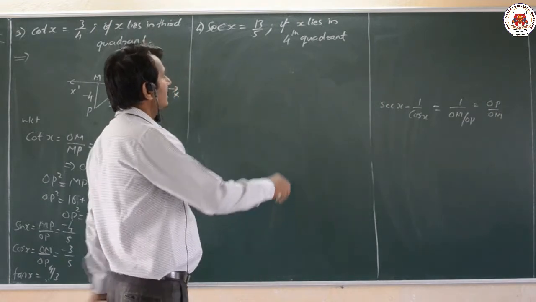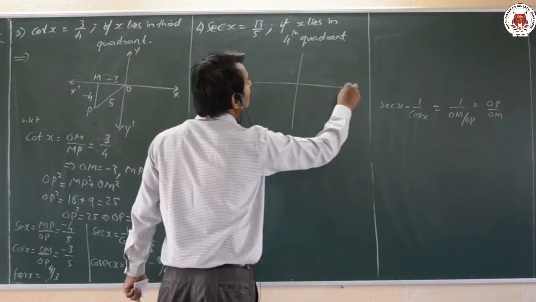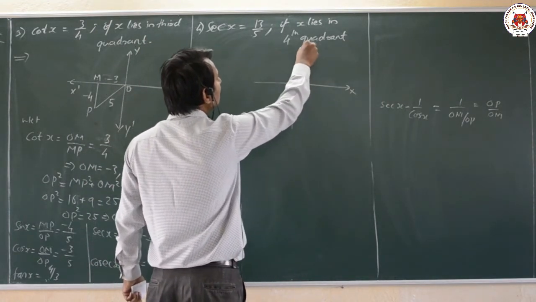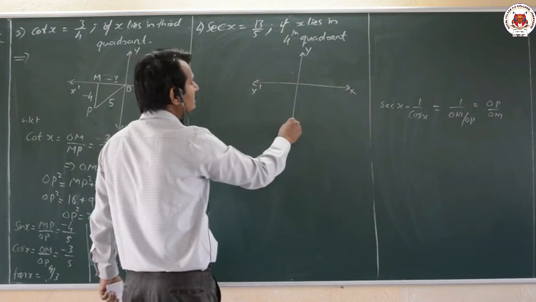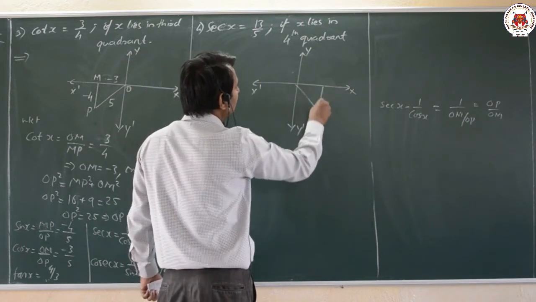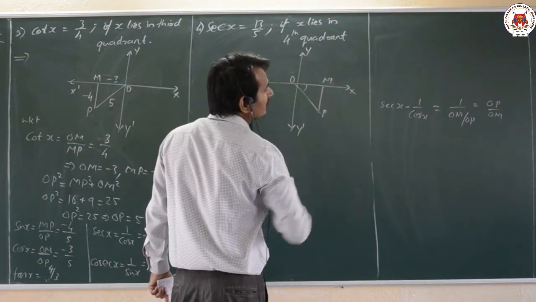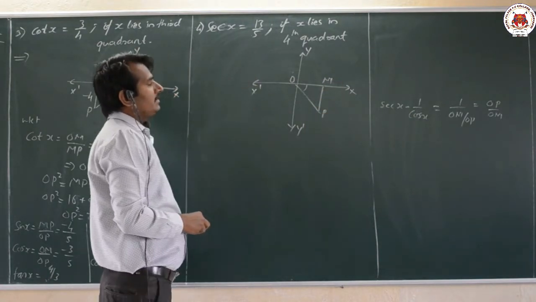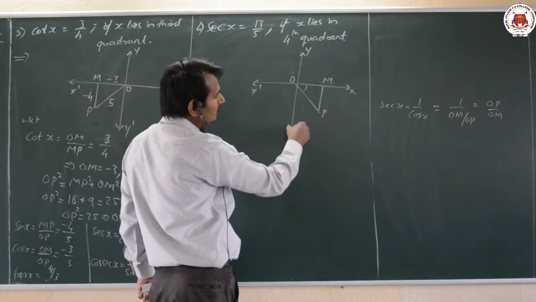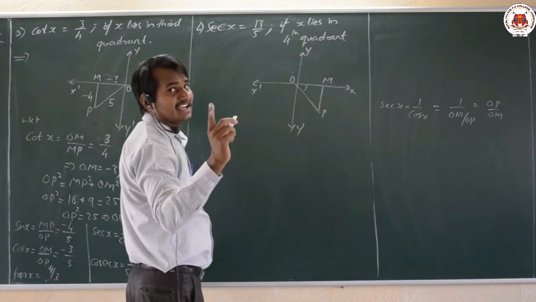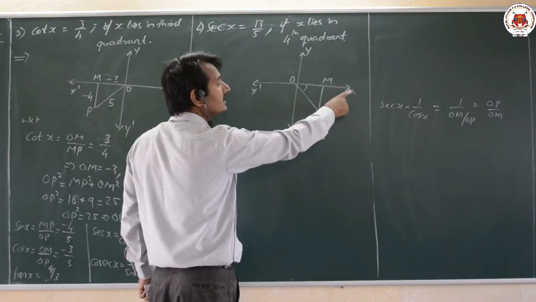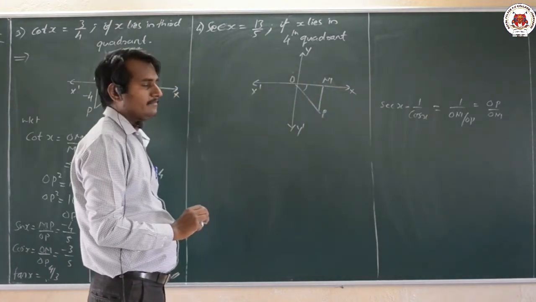In which quadrant is he giving that it lies? He is giving it lies in the fourth quadrant, x, y positive y, x dash, and then y dash here, okay. It is nothing but our O, M and P. We can observe that it lies on the OY dash, MP value will be negative, that is very important, and OP lies on the x axis, that means it is positive OP.